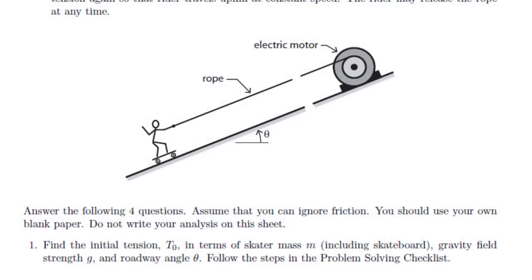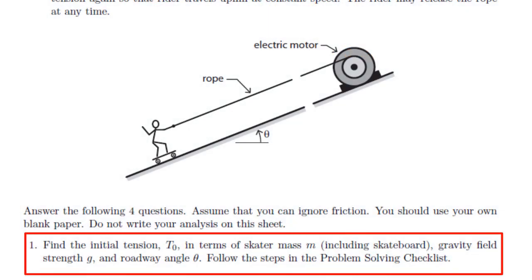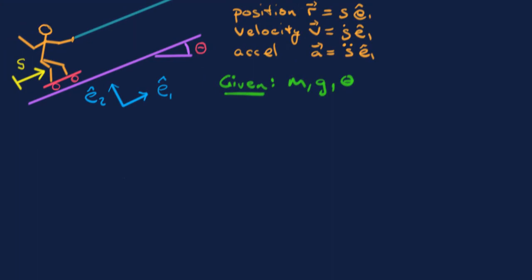Now, in this first question of the problem, we are asked to find the initial tension in terms of the skater mass, including the skateboard, the gravitational field strength g, and the roadway angle theta. So following the problem-solving checklist, we list our givens, m, g, and theta, as well as the quantity that we are asked to find, which is that initial tension T0.